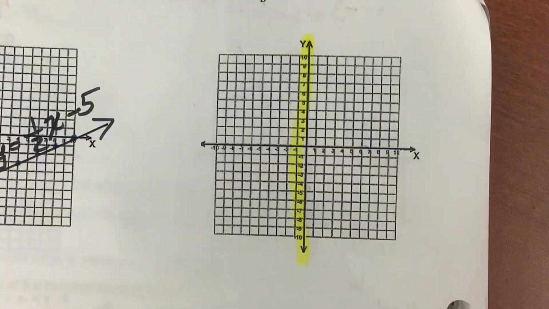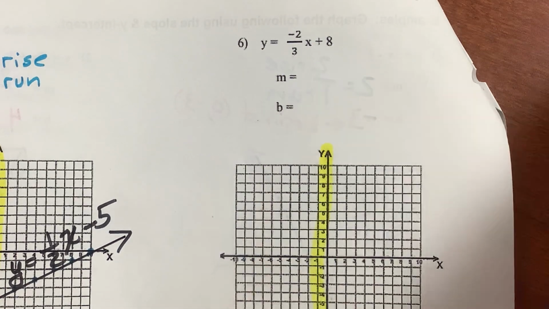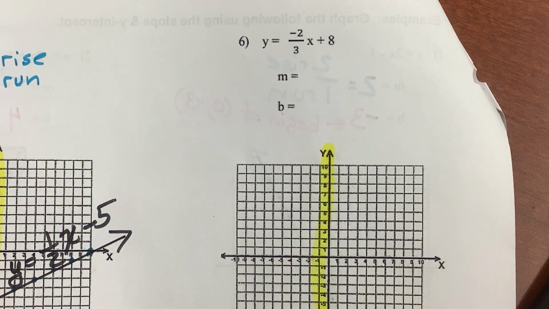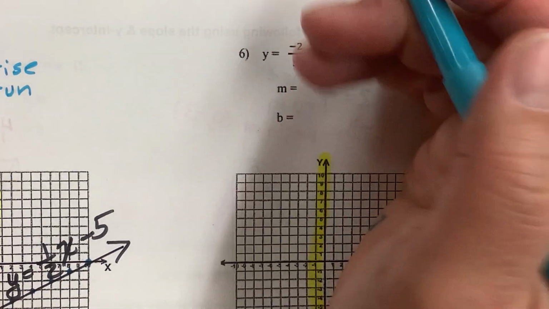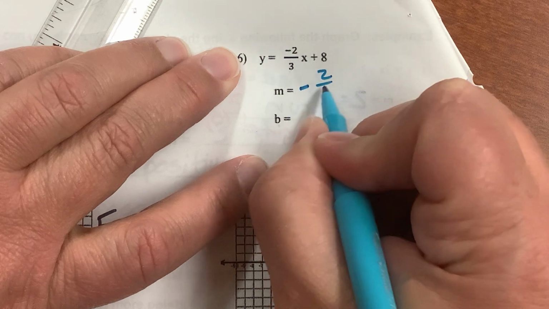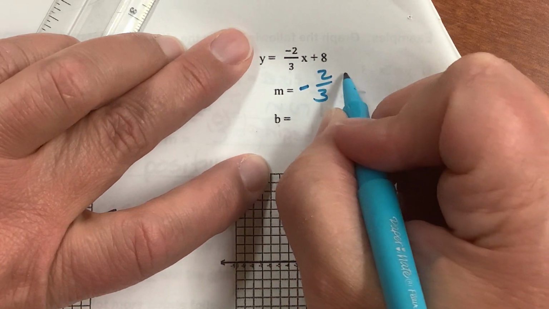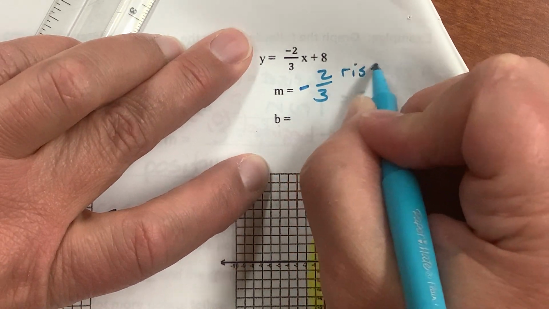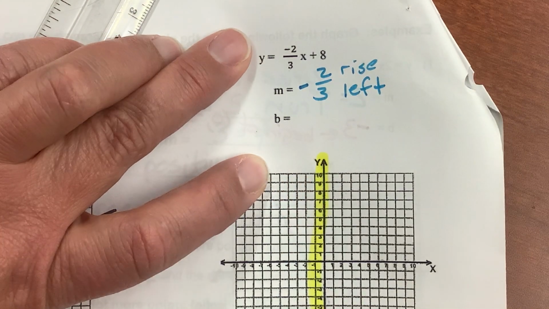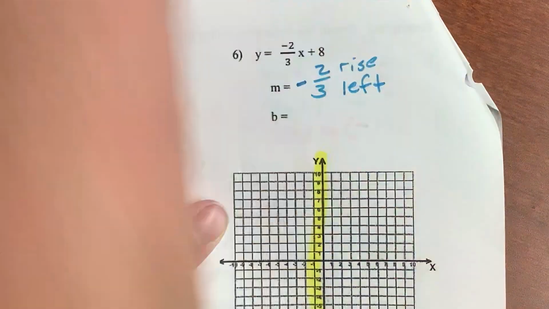All right, let's try this one. Ooh, that's got a negative fraction. That's good too. So that is negative 2 over 3. That means I'm going to rise 2, but I'm going to go left 3. Rise 2, left 3.